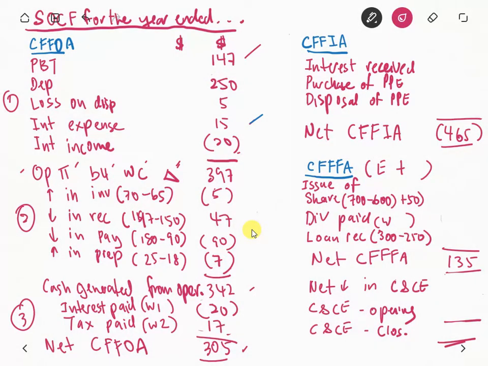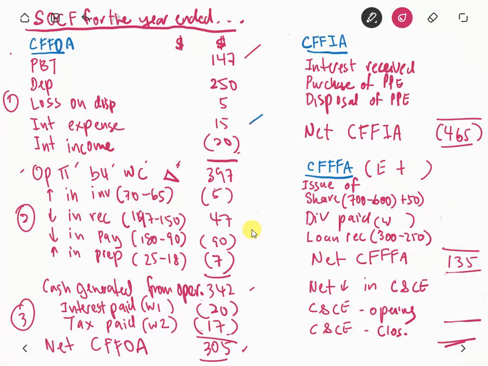No marks unless you have the bracket. Okay? So sections 1, 2, 3 are done. We end up with this one, 305. Follow the heading, put a net at the front: net cash flow from operating activities.